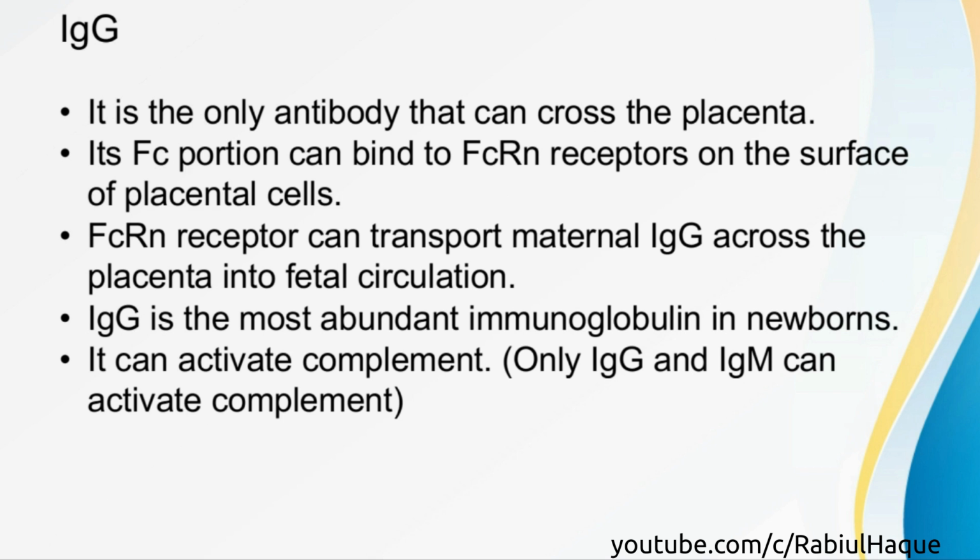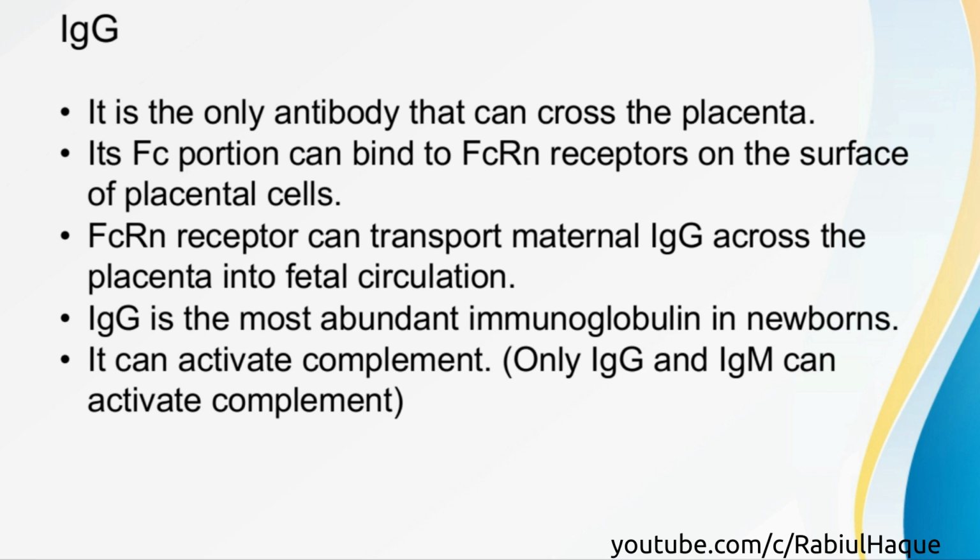Its FC portion can bind to FcRn receptors on the surface of placental cells. FcRn receptor can transport maternal immunoglobulin G across the placenta into fetal circulation. That's why immunoglobulin G is the most abundant immunoglobulin in newborns.